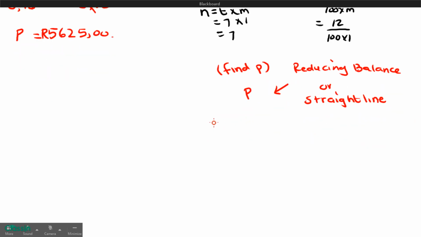I'm going to introduce this formula to you. P only if you are looking for P and you are using a reducing balance method. You are using the reducing balance method and you are looking for the value of P. You can say P is equals to A bracket 1 minus I close bracket exponent negative.